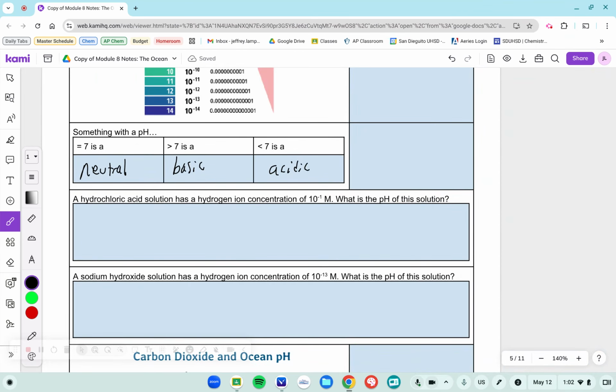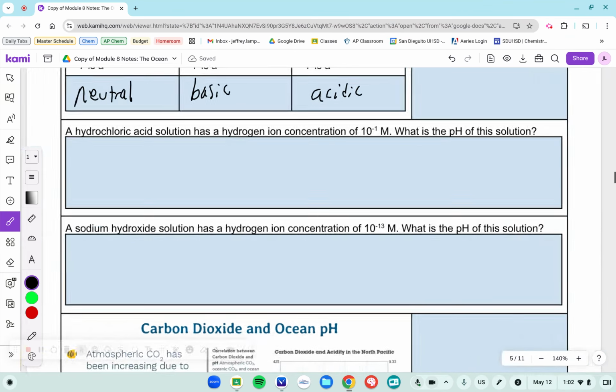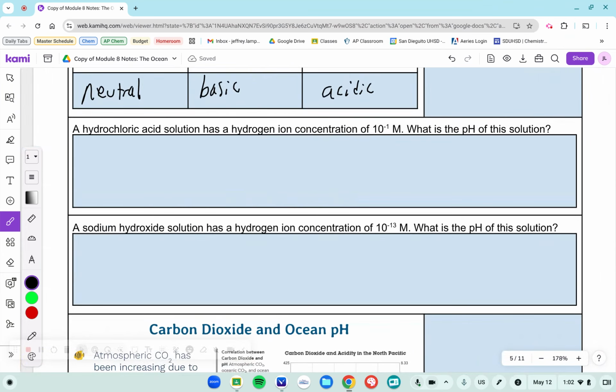All right. So now let's go ahead and go through this part here. This is just a sample calculation. I'm going to do this one and show you, and then you're going to do the next one on your own to see if you can do it, okay? This one says a hydrochloric acid solution has a hydrogen ion concentration of 10 to the negative 1 molarity. What's the pH?